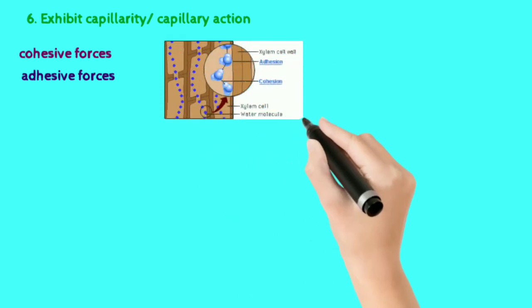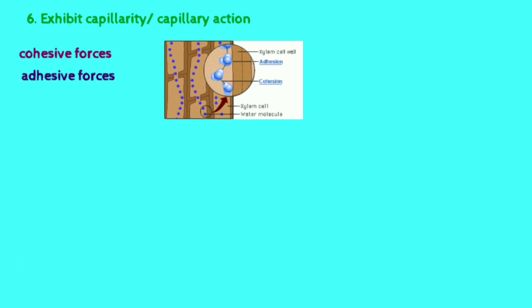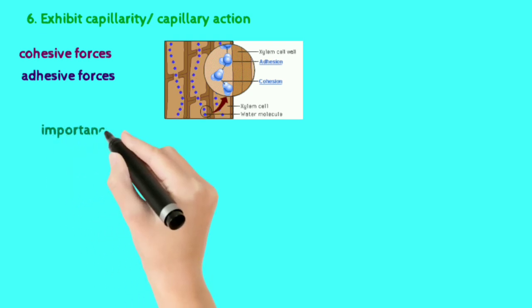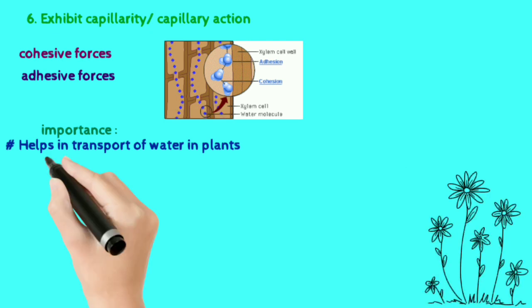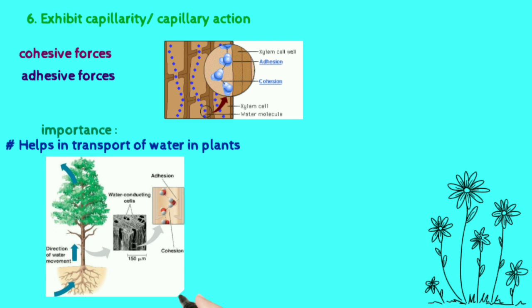Water can move up in a fine capillary tube because the upward adhesive and cohesive forces can support the weight of the water column and resist the downward pull of gravity. The importance of capillary action is to help in the transport of water in plants. The interplay of adhesive and cohesive forces and also transpiration pull from the leaf maintains a continuous flow of water up the stem.